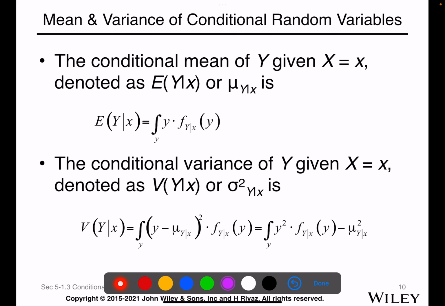All right. So again, when we have a joint PDF, we can have the expected value of x. When we also have a conditional PDF, we can have the expected value of x and y. The conditional mean of y given x is denoted as the expected value of y given x. The equation is exactly the same as before. The expected value of anything is that thing times the PDF.